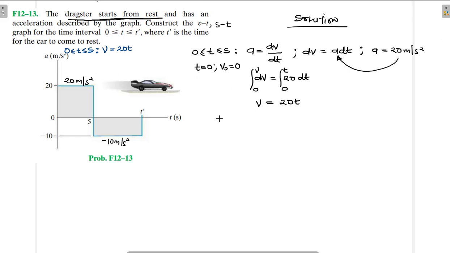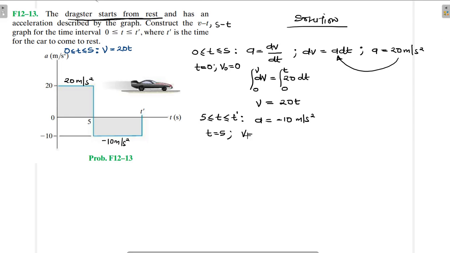Okay, and then from 5 to t prime, our a is equal to negative 10 meters per second squared, and t equal to 5 will give us our v naught.